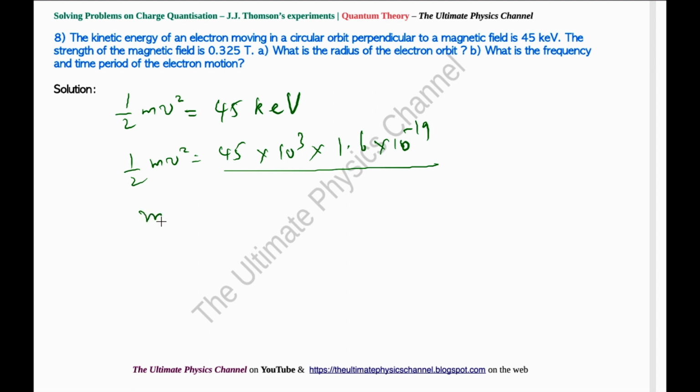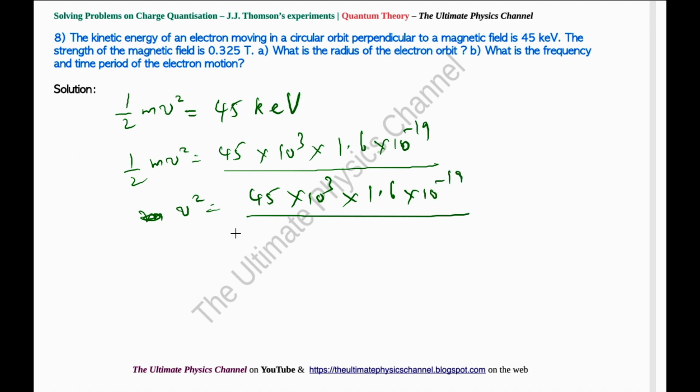And then I can directly write v squared as 45 times 10 power 3 times 1.6 times 10 power minus 19 over m, the mass of the electron, that is 9.1 times 10 power minus 31, and there is a factor of 2 here, so I am multiplying that on the numerator as 2.